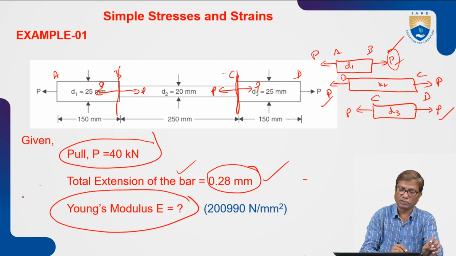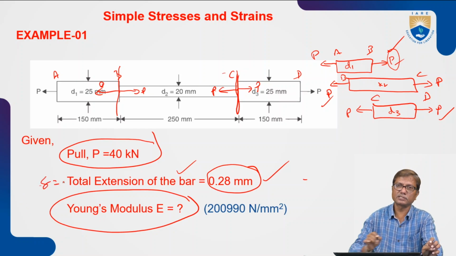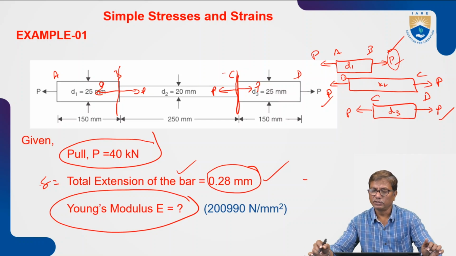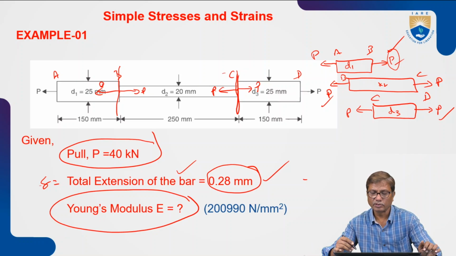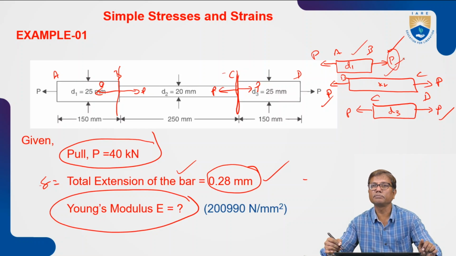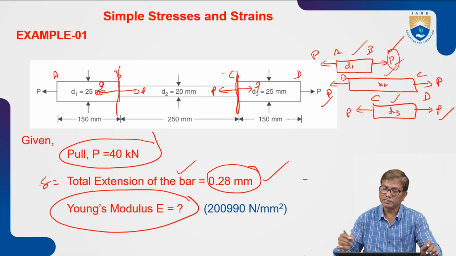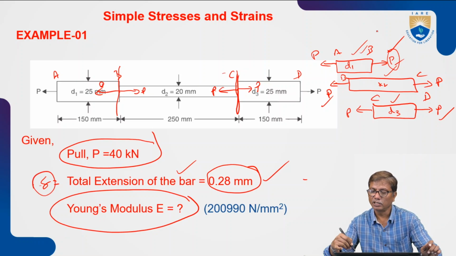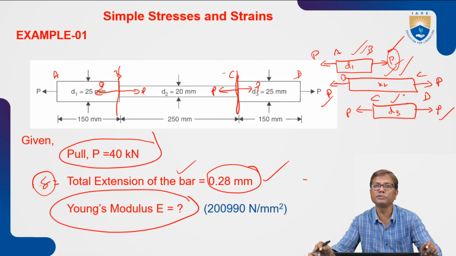Total extension of the bar is given as 0.28 millimeters. So how will you get the total extension here? The extension of portion AB, extension of portion BC and extension of portion CD. That means delta, the total elongation, is equal to the sum of the elongations of portions AB, BC and CD.